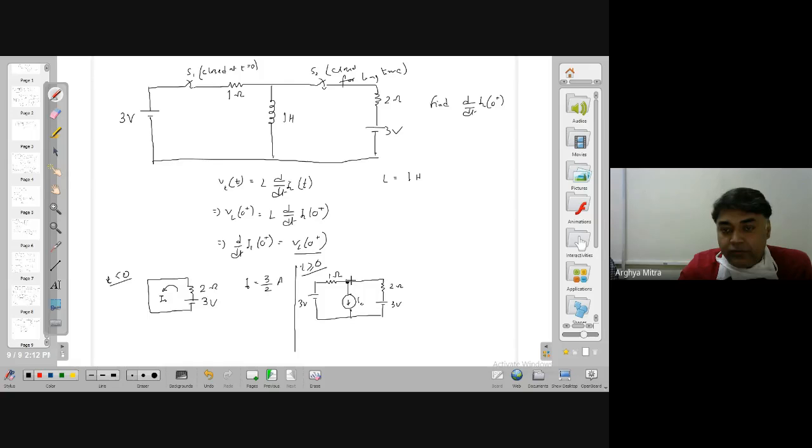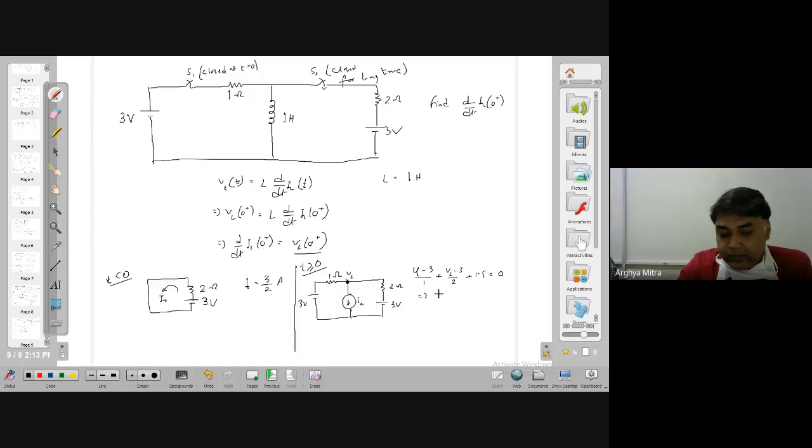So can I solve for this voltage VL? Go for node analysis, KCL. VL minus 3 by 1 plus VL minus 3 by 2 plus 1.5 is equal to 0.